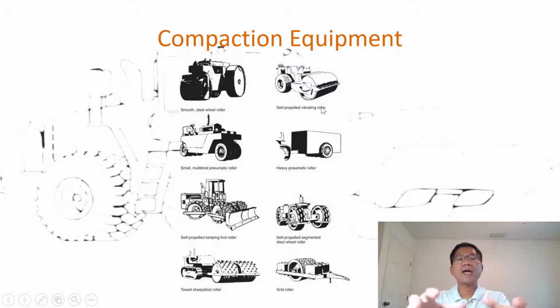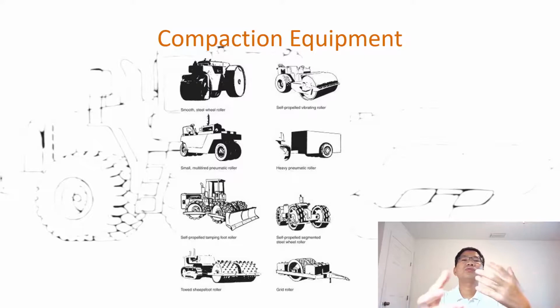In terms of compaction, there are four ways to apply energy so that we can expel the air out of the soil. It can be by impact, so a sharp blow; by pressure, where you have the weight of the equipment pressing on the compacted material; by vibration, as some of the equipment here can vibrate; or by kneading, which rearranges and manipulates the material to reduce the air in the soil.